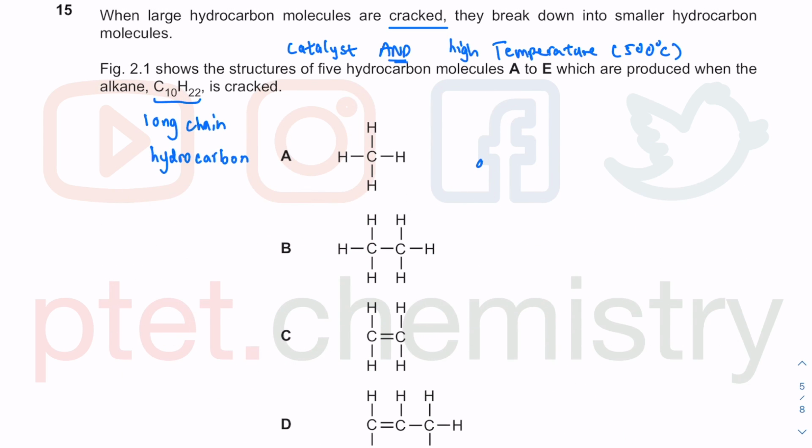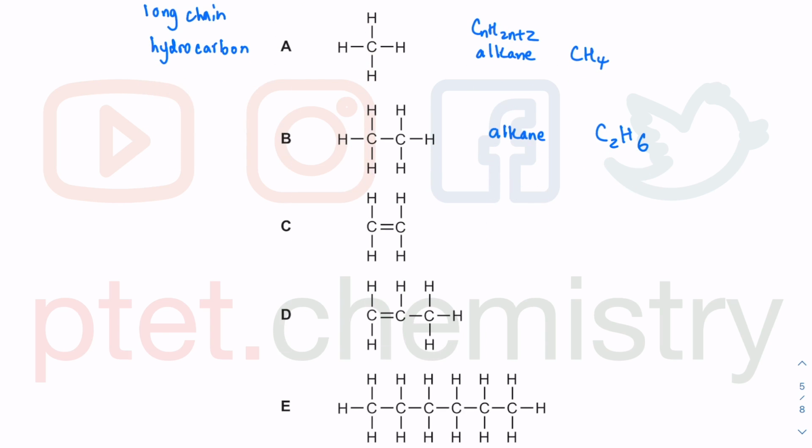This one is alkane, CH4, CnH2n plus 2, with all carbon-carbon single bonds. The next one is also alkane, with 2 carbons and 6 hydrogens. For the next ones we can see the carbon-carbon double bond, so both of these are alkenes: C2H4 and C3H6 for the bottom one.